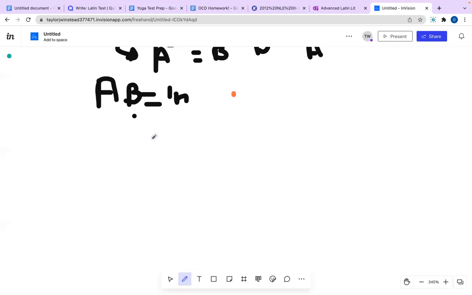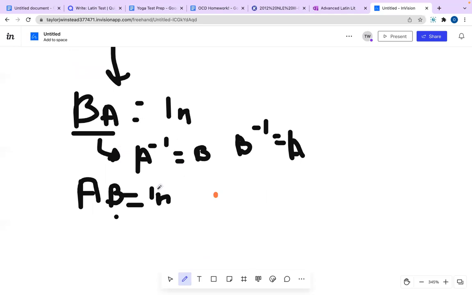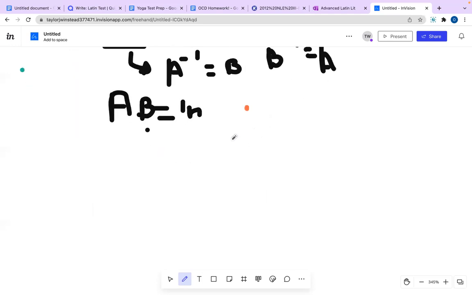So we can use a little bit of reverse logic: if they're inverses, B times A equals the identity matrix must also be true. This is what I just pointed out here. If this is equal to the identity matrix, then these things have to be inverses of each other, A inverse and B inverse. But we can have an official proof, okay?